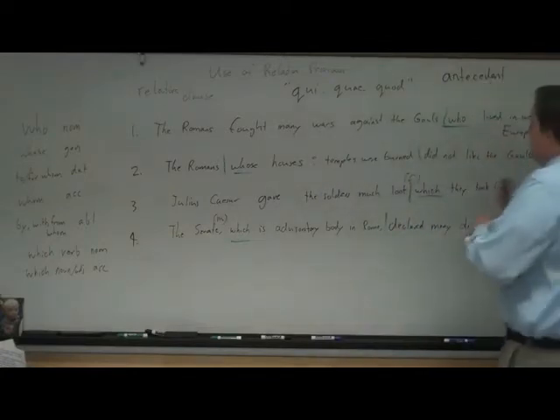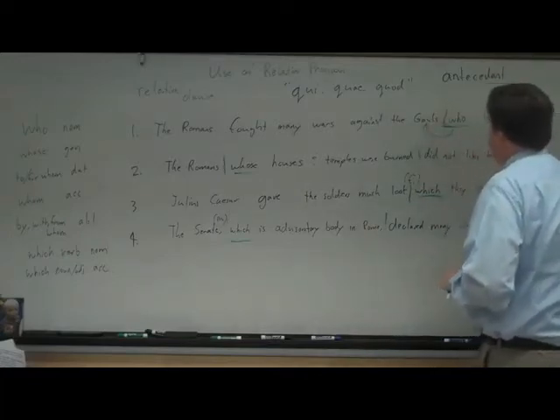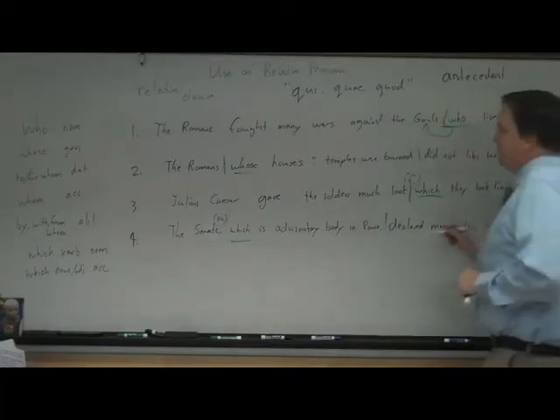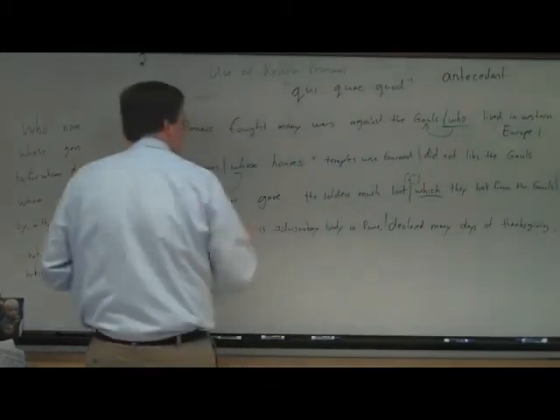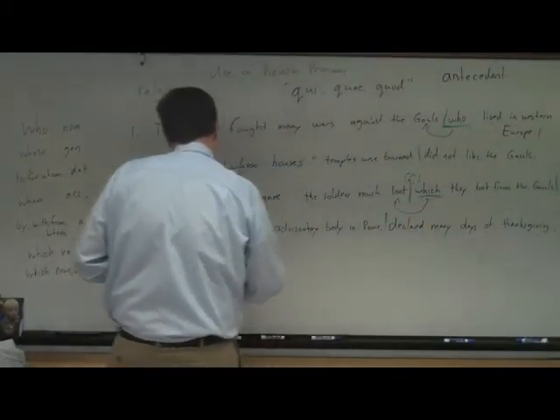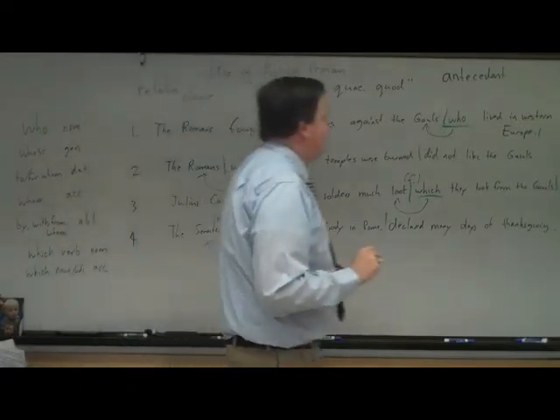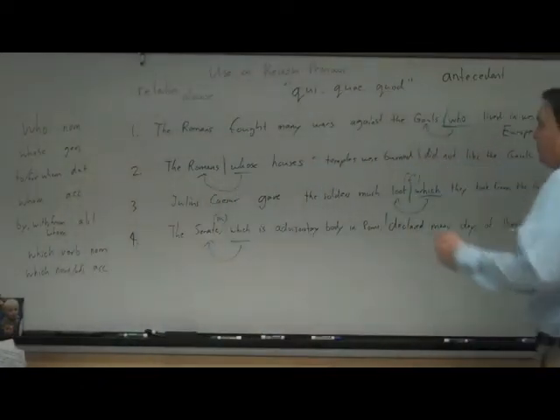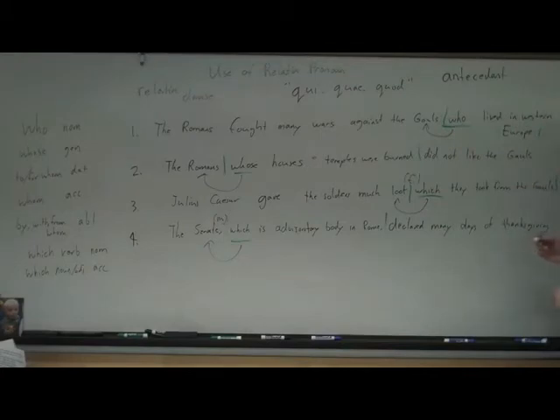So the antecedent of who is Gauls. The whose here refers to Romans. Which refers to loot. Which refers to Senate. And the antecedent determines what form of the relative pronoun. It determines the number, whether the relative pronoun is singular or plural, and also determines the gender.